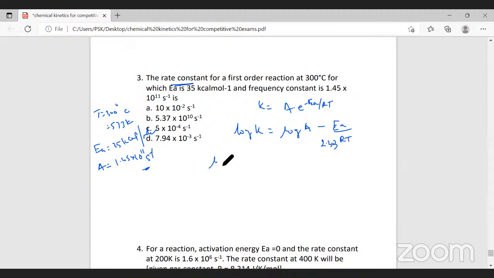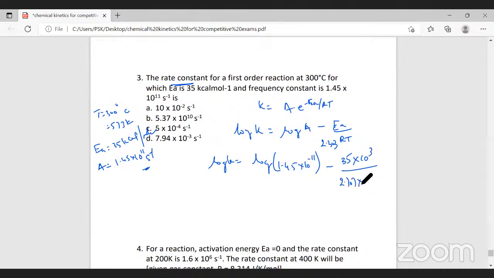So we can write log K is equal to log of A. What is A? 1.45 into 10 to the power 11. Minus the energy of activation, they've given 35 kilocalories. Now, kilocalories, you have to take it in calories, divided by 2.303.